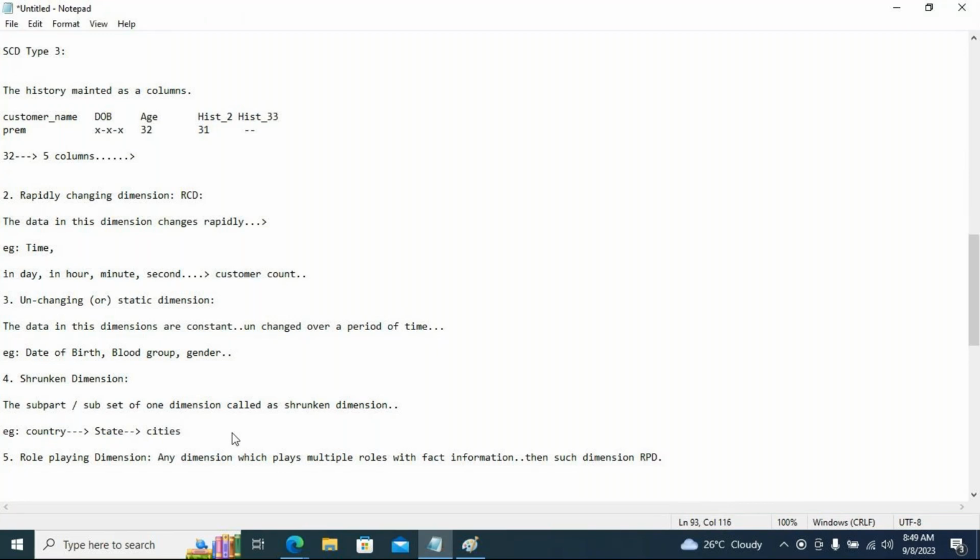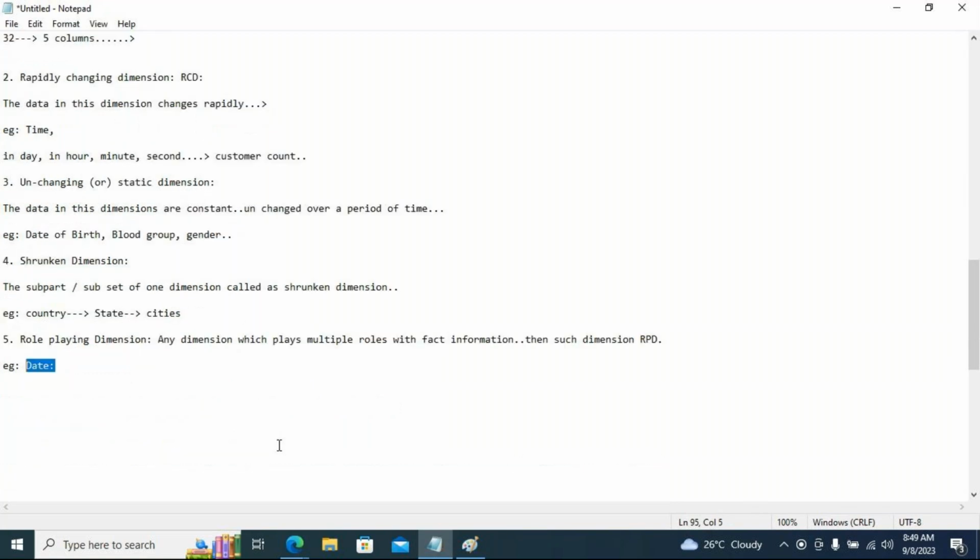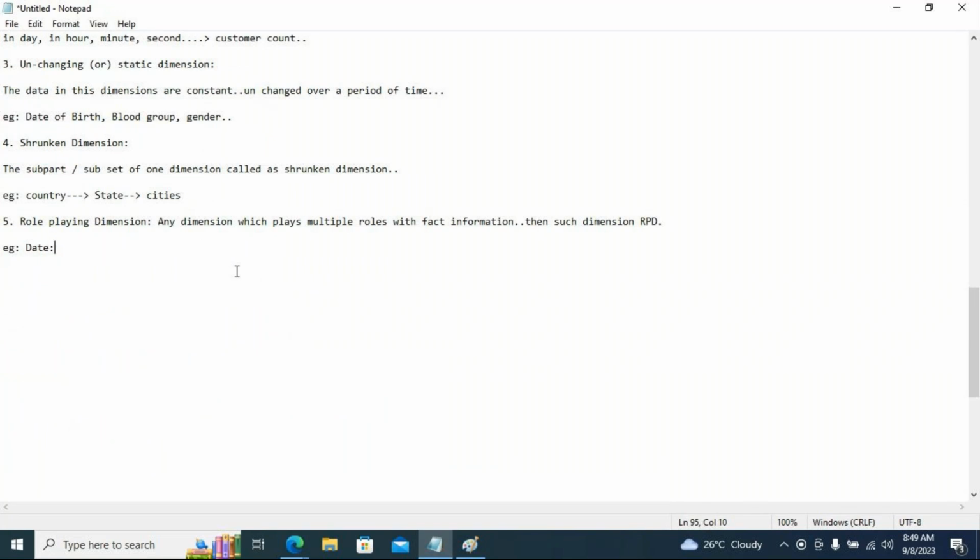For example, in a retail business, I'm taking the reference as a date. So date is a dimension which plays multiple roles. How does it play multiple roles with the fact information? A customer has the customer information.